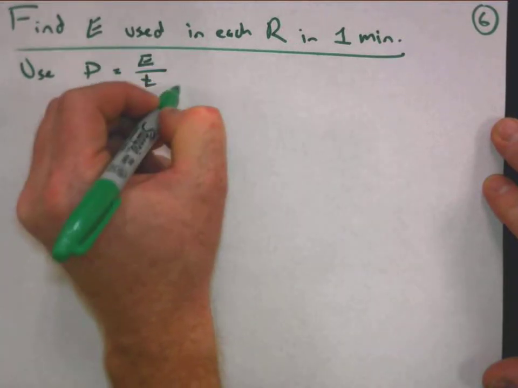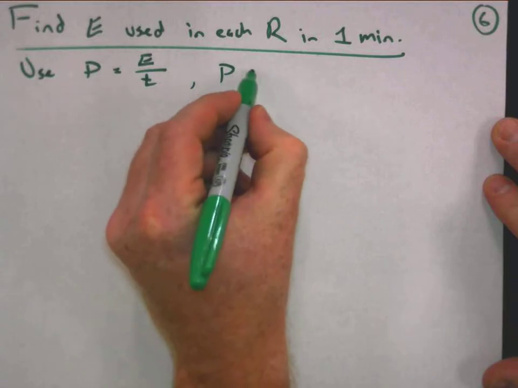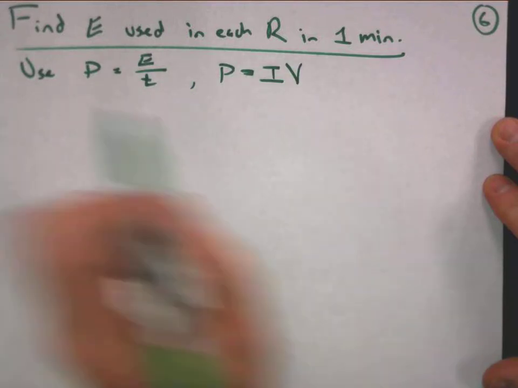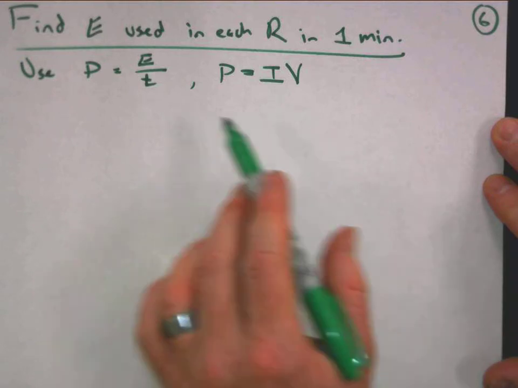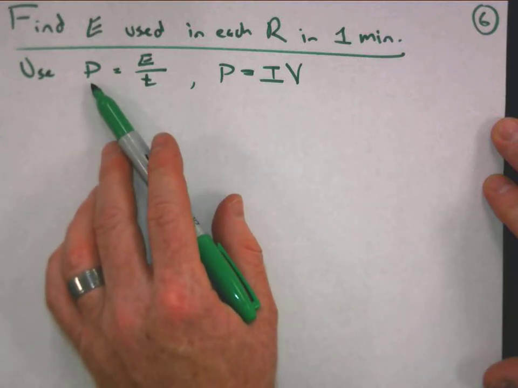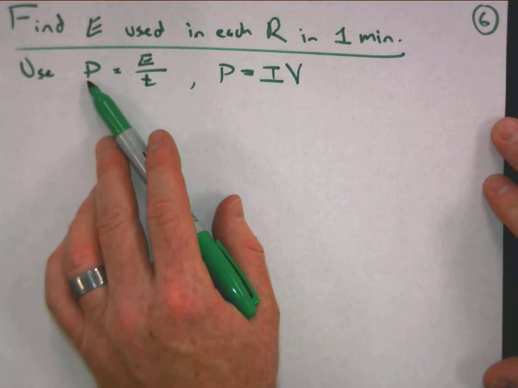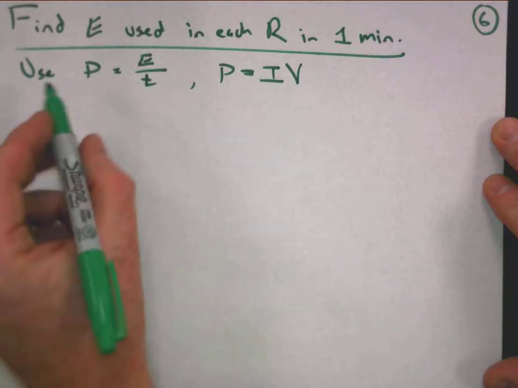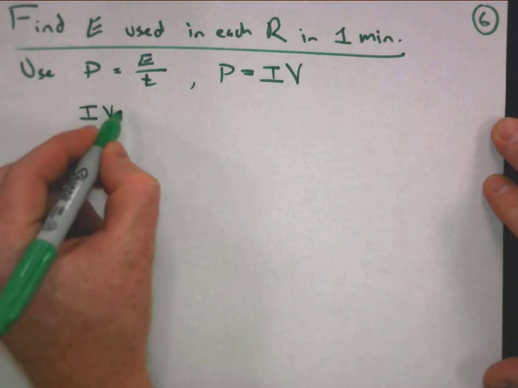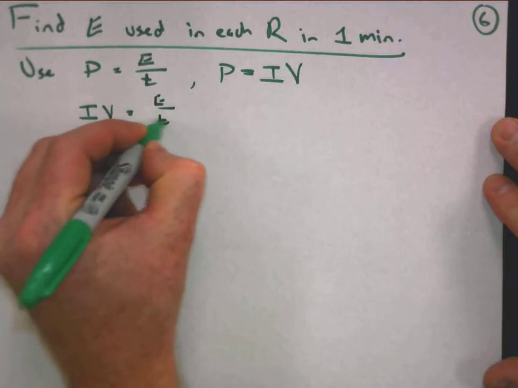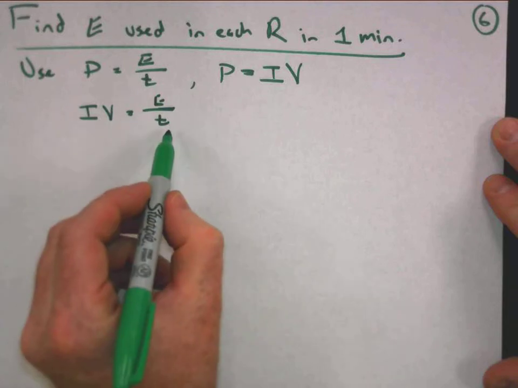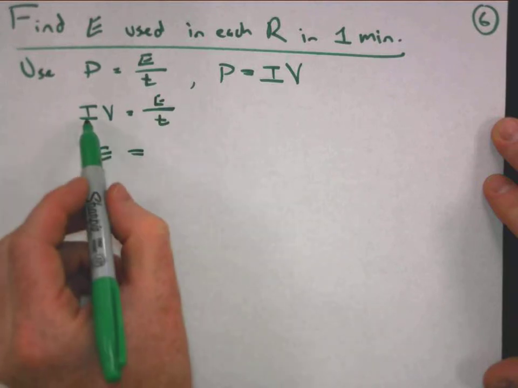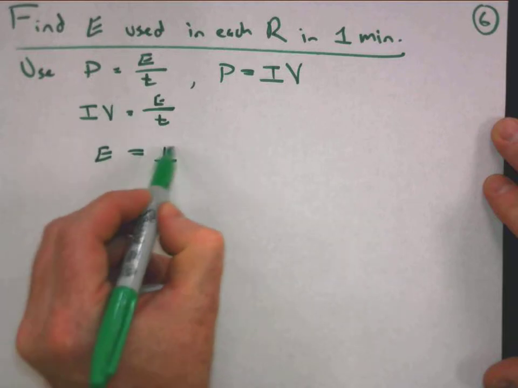I'm also going to use the fact that in an electric circuit, the power is equal to the current times the voltage. So if I substitute I times V, current times voltage, in place of the P, and then multiply both sides by T, I have E equals I V T. I have energy on one side of the equal sign, and current times voltage times time on the other side.